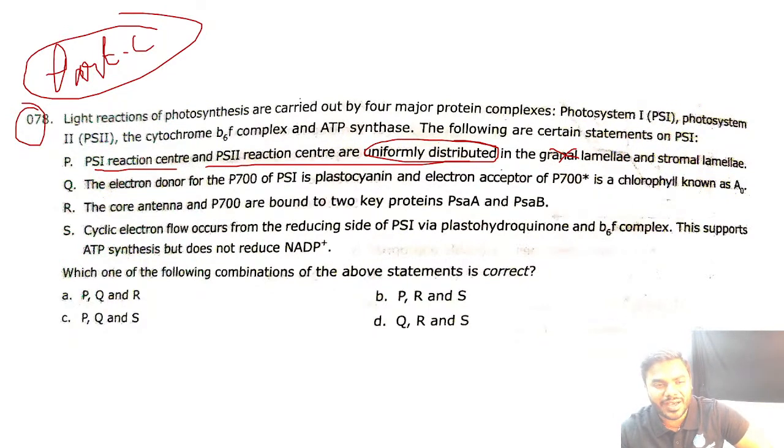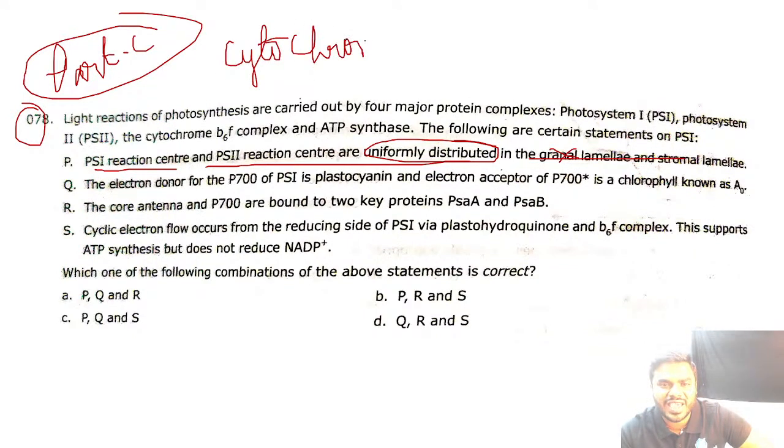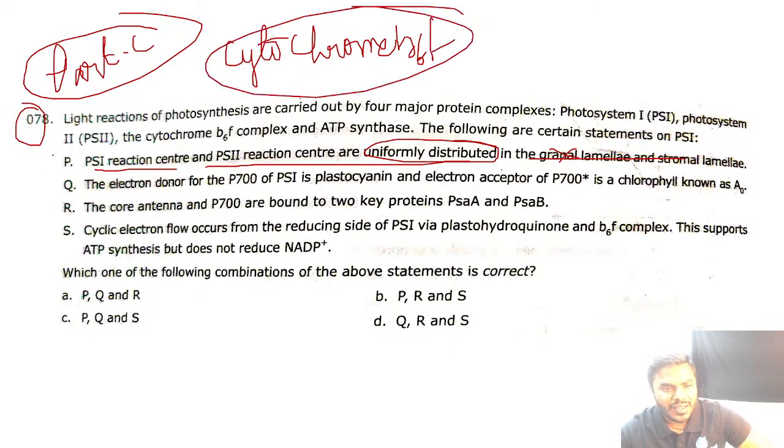How will P be correct? Tell me first of all. They said that PS1 and PS2 reaction centers are uniformly distributed in the granal and stromal regions. Absolutely wrong, right? Which one is uniformly distributed? Only cytochrome b6f. This is the only one which is uniformly distributed. Then option P is an absolutely wrong statement.